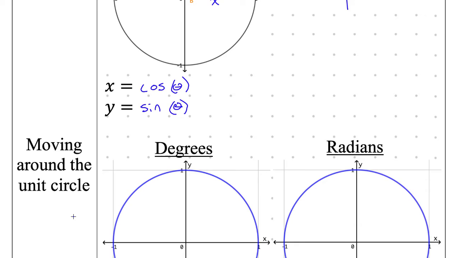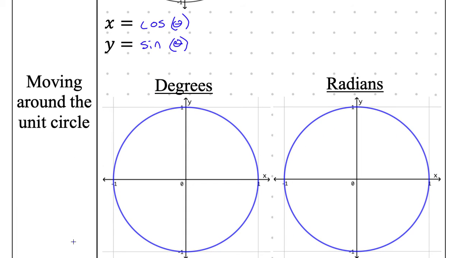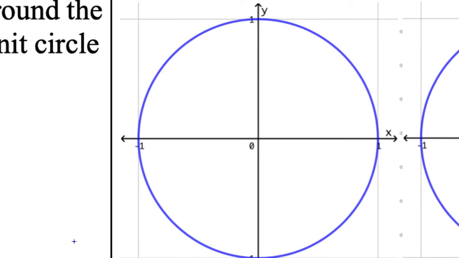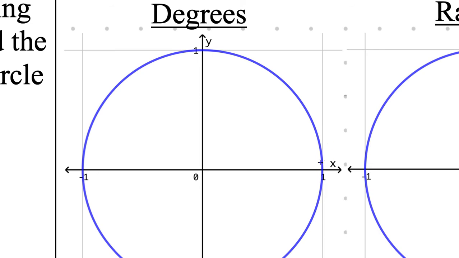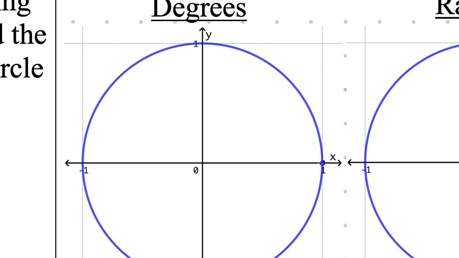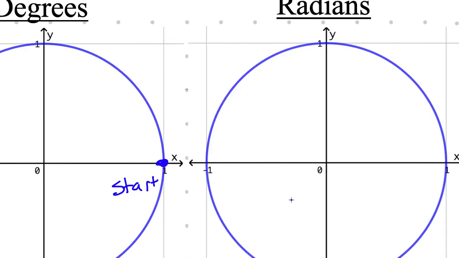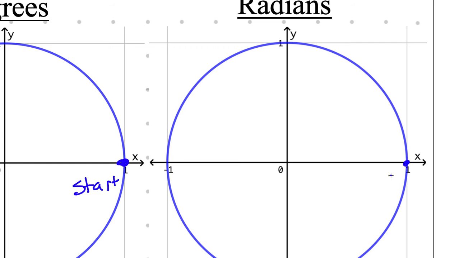All right, so let me talk about using degrees and radians. We always start here at the right. This is our start. Everyone write it down. Our start is on the right. Same thing for radians. Our start is on the right.